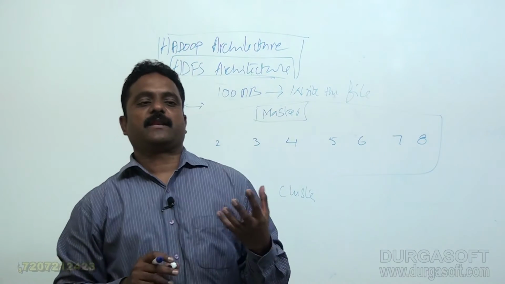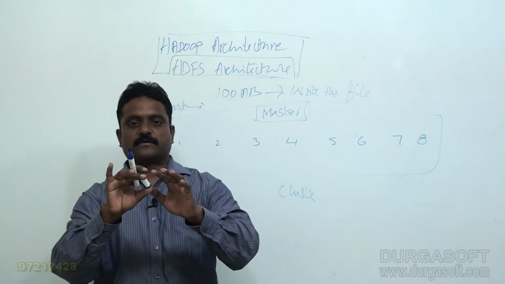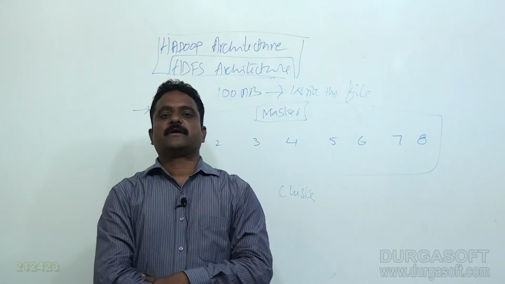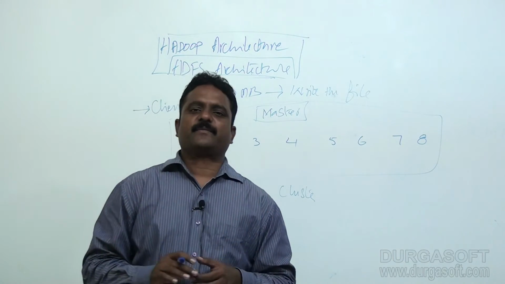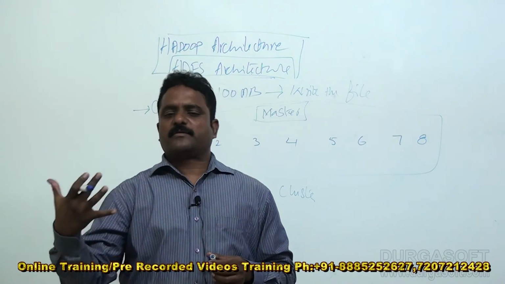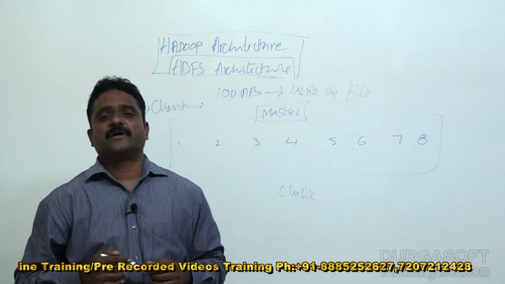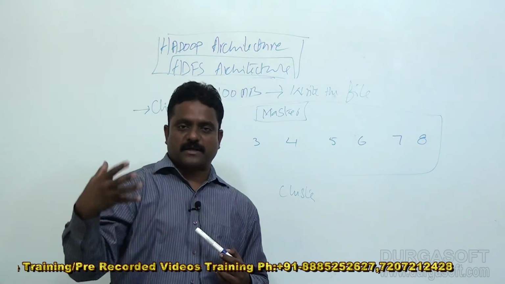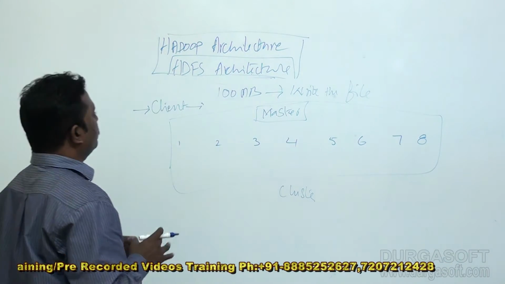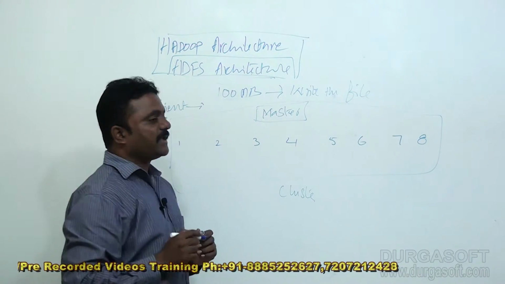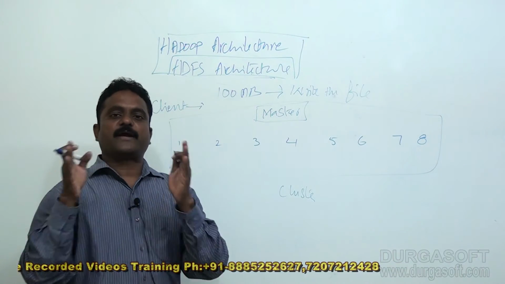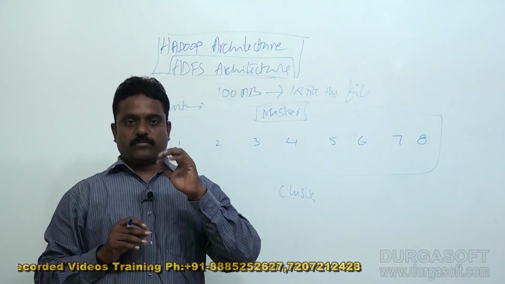The name node would tell how much space is available on the cluster and which nodes are available for writing, that is, on which nodes there is free memory that data can be written to. First, the 100 MB of data would be divided in the form of blocks.